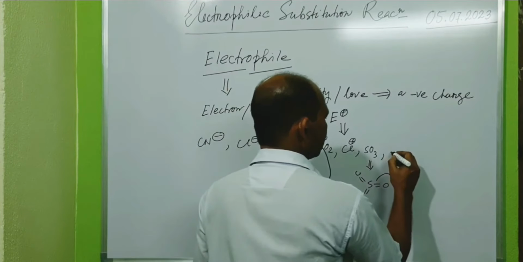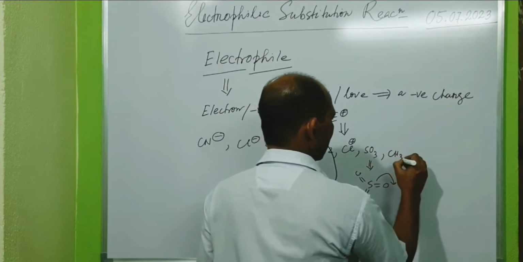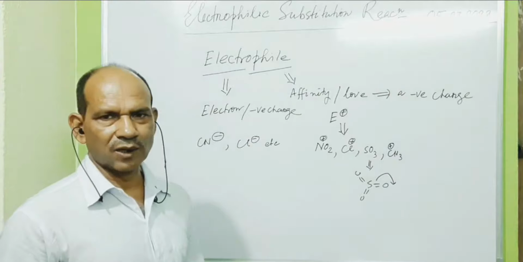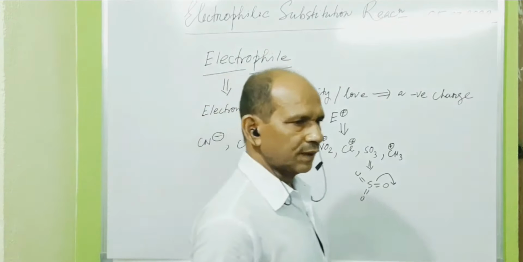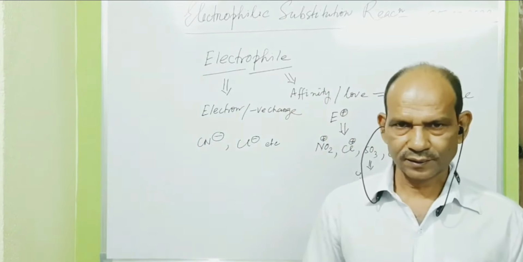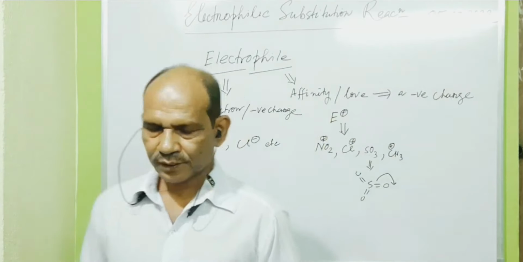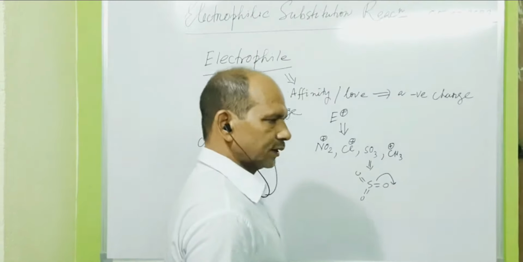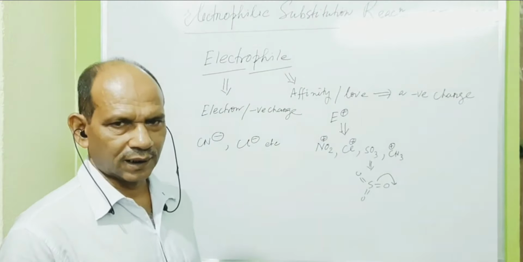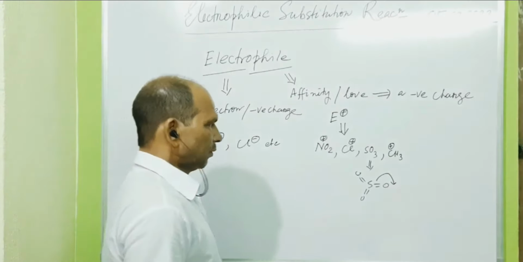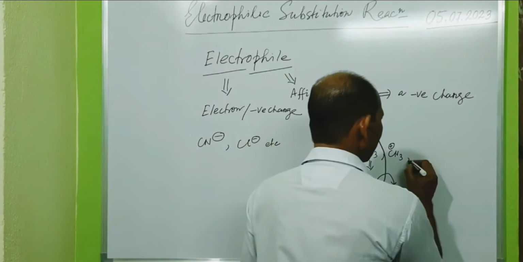Another example of electrophile that carries positive charge is alkyl carbocation. It may be primary, it may be secondary, or it may be tertiary, not quaternary. Examples of primary carbocation may be methyl, ethyl, propyl, butyl, etc. For secondary carbocation, I am drawing one example here.